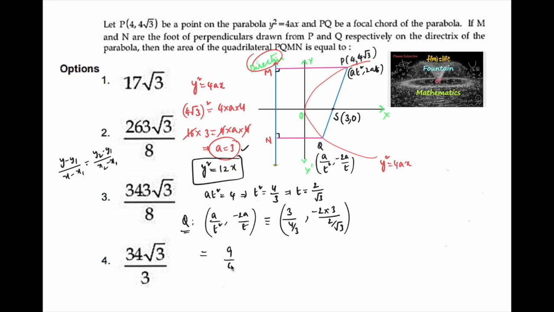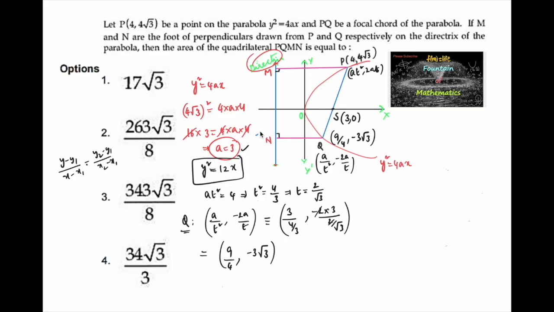So that is 9 divided by 4, and here we can write 3 root 3 minus 3 root 3. So we got the point Q (9 upon 4, minus 3 root 3). So here the y coordinate is minus 3 root 3.